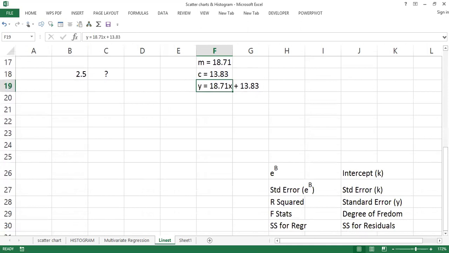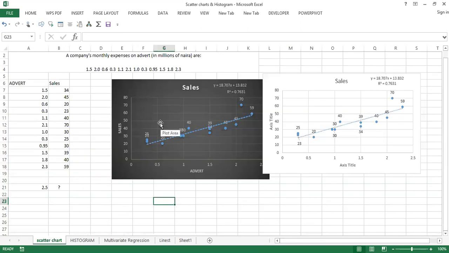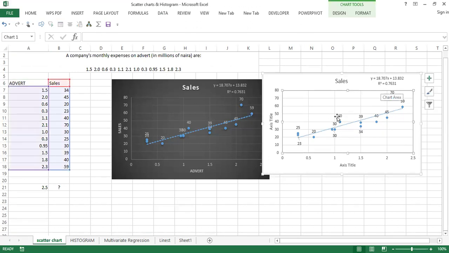Now, suppose we go back to the scatter plots. Here's our equation.